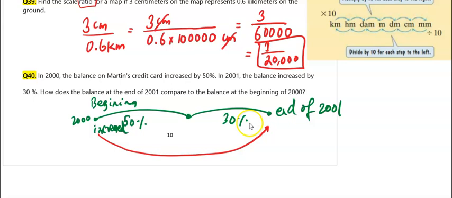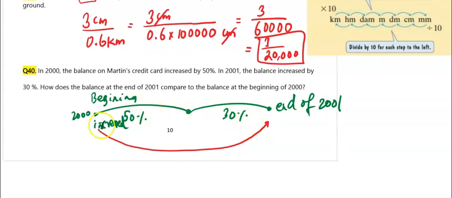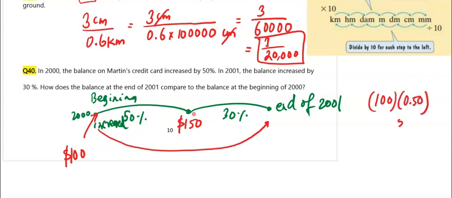That's the question. We don't know the balance at the beginning of 2000, so let's say the balance is $100. A 50% increase of $100 gives $150 now, because $100 at the beginning of 2000 times 0.50 gives you $50.